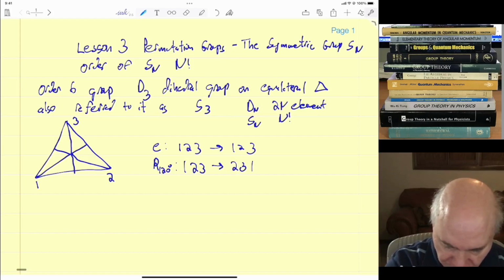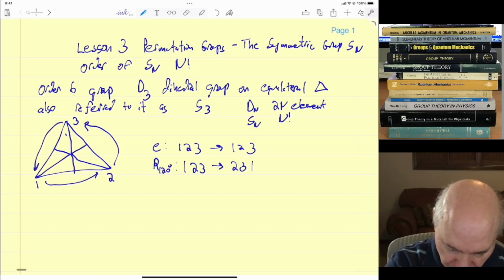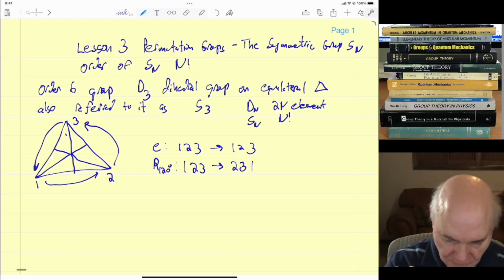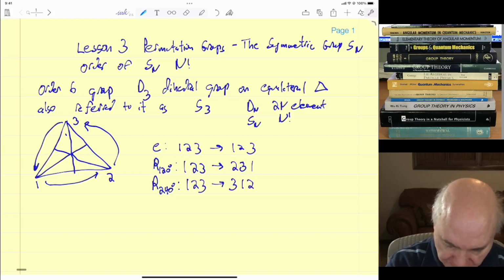So 1 would go to 2, 2 would go to 3, and 3 would go to 1. So that is our rotation by 120 degrees. A 240 degree rotation would be where 1, 2, 3 goes to 3, 1, 2. We go 2 steps at once instead of 1 step.